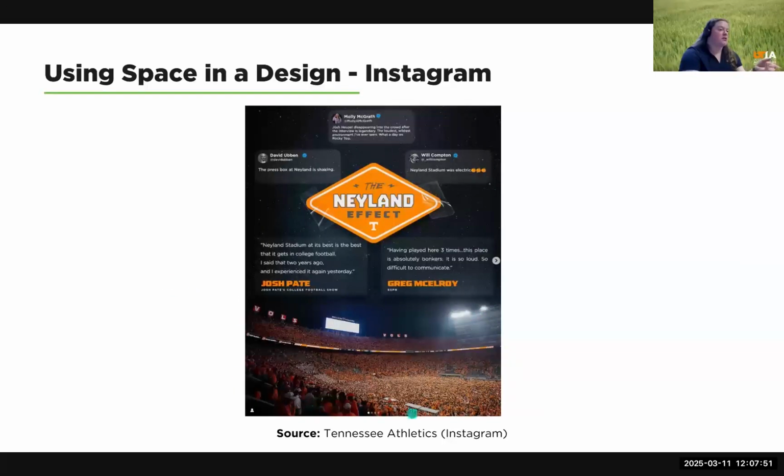They wanted the focus of this to be Neyland Stadium because they're talking about the Neyland effect. And they did space things kind of neatly around this little graphic here. So you can see all this was very intentional. The message or the most important takeaway on this image is Neyland Stadium and that Neyland effect during a Tennessee game.